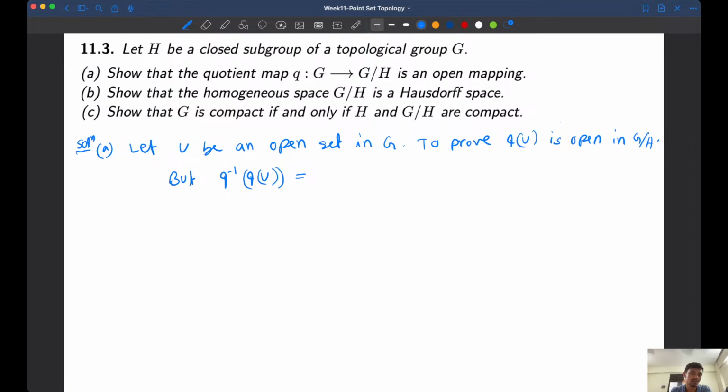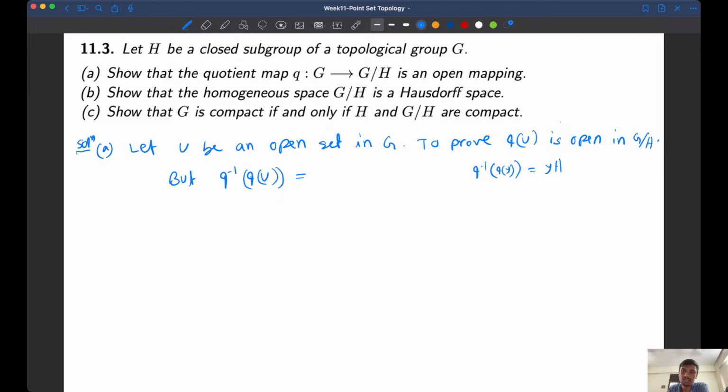Q inverse of a single point, let's say Q(y). This is all the translates of H, the left coset yH. So this is nothing but just yH, right? All of this gets mapped under Q to Q(y), because I'm taking cosets by this H.